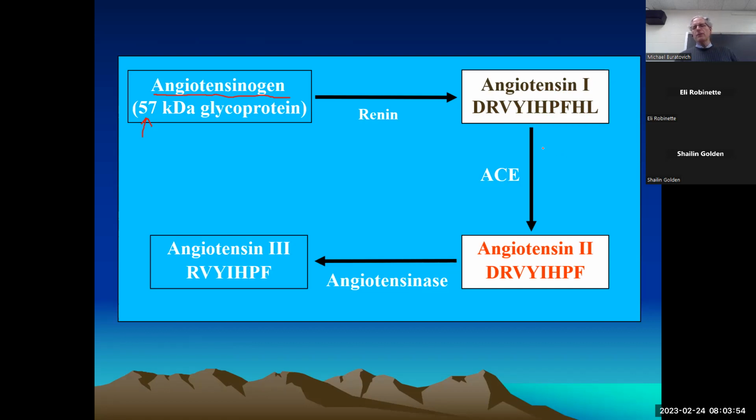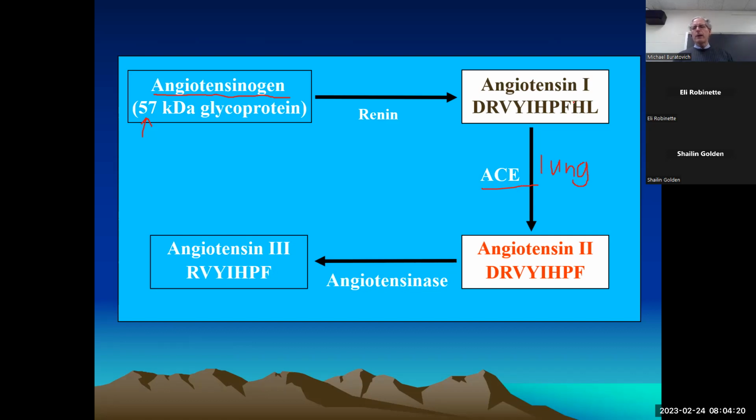It circulates through the capillary beds of tissues, in particular the lungs. The endothelial cells of the lungs have on their surfaces an enzyme called angiotensin converting enzyme, or ACE. ACE targets angiotensin 1.